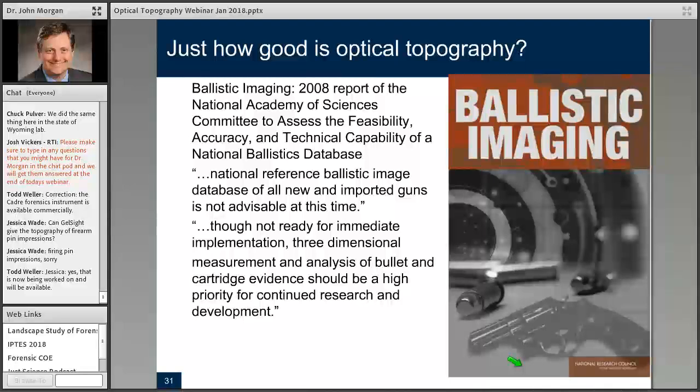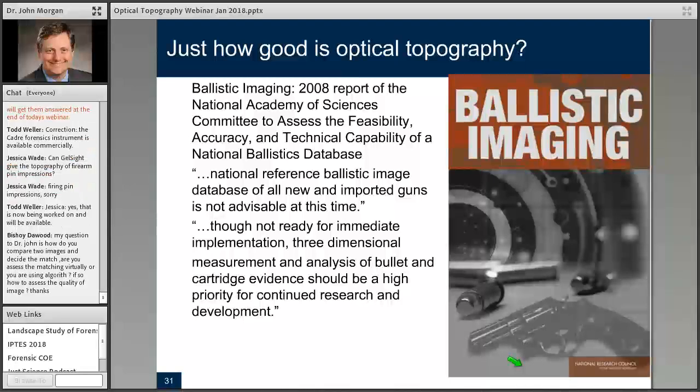The question now is just how good is optical topography? Back when I was at NIJ, I was very fortunate we were able to start an examination of this. And we asked the National Academy of Sciences to answer that question. And they actually addressed this issue. Is it possible to even create a national reference database of ballistic images of all new and imported guns?